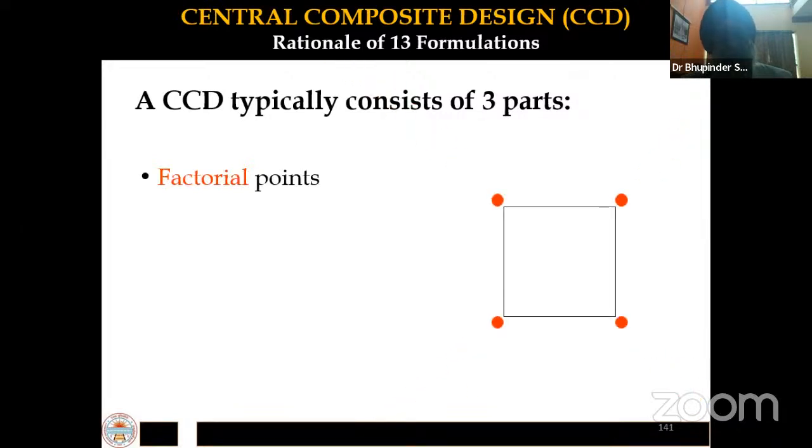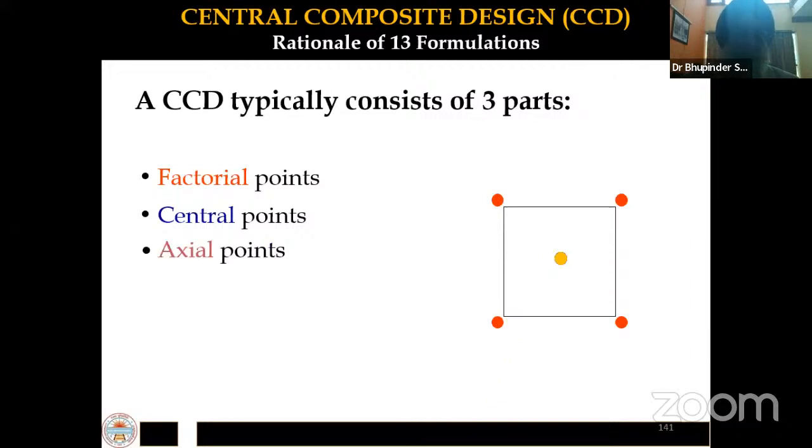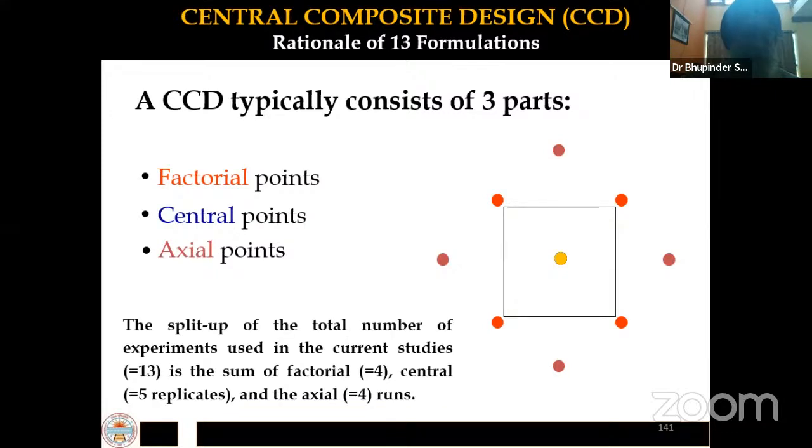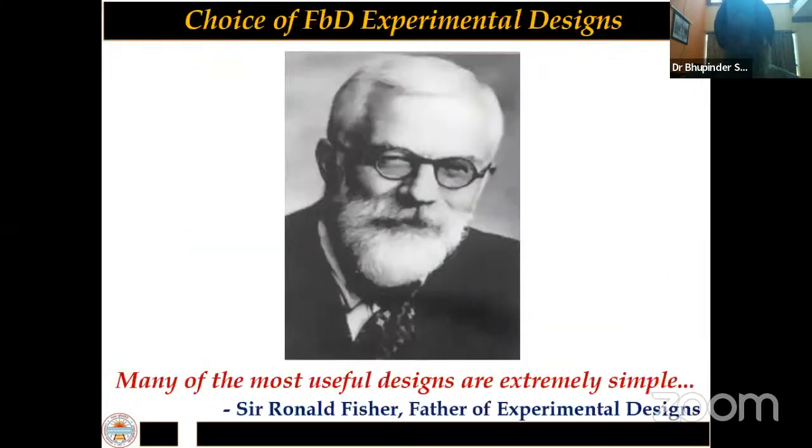So here are 4 factorial points, the corners, the vertices, and 4 are the star points or axial points, and 5 are the central points. So 4 plus 4 plus 5, 13 points are required for a 2-factor design.